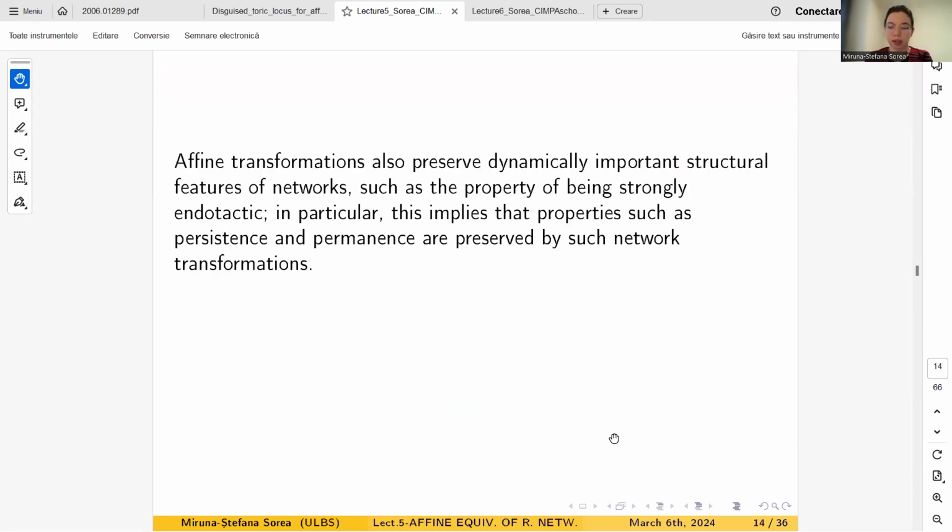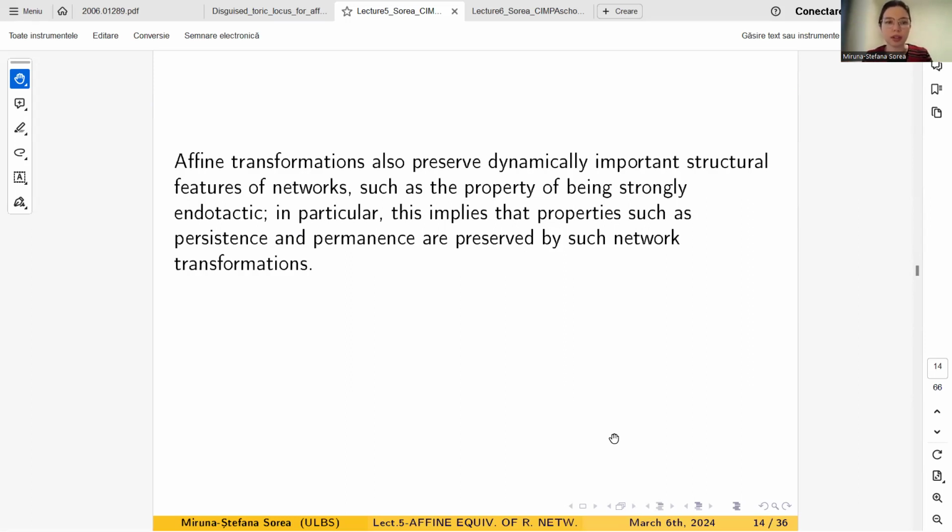Moreover, affine transformations also preserve some structural features of networks, of course, just from the network. For instance, the property of being strongly endotactic. What is being endotactic first? Considering the network, it is endotactic if there is no reaction that points outside of the Newton polytope of the network, so outside the convex hull of the network.